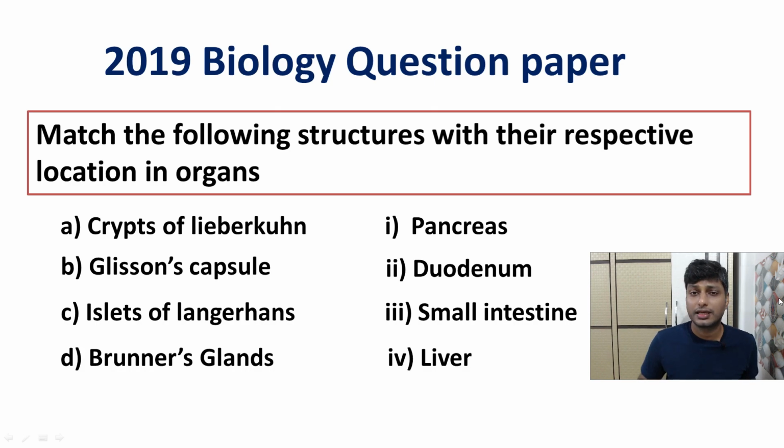Brunner's glands, duodenum, protection of the small intestine from the harsh effect of the acid which is released by the stomach. So I hope you understood the parts of the alimentary canal, majorly the stomach, the small intestine, the large intestine, and of course you understood this particular question, and now you know the answer of this question.